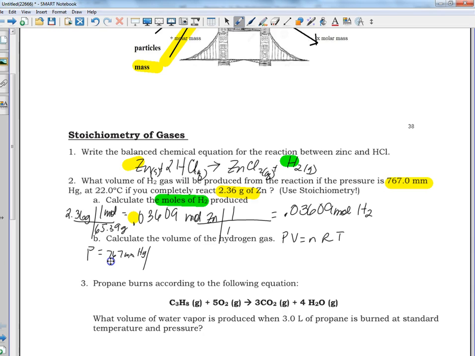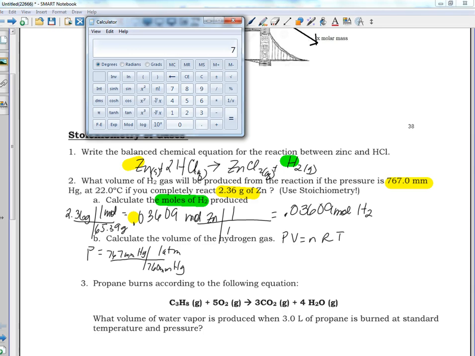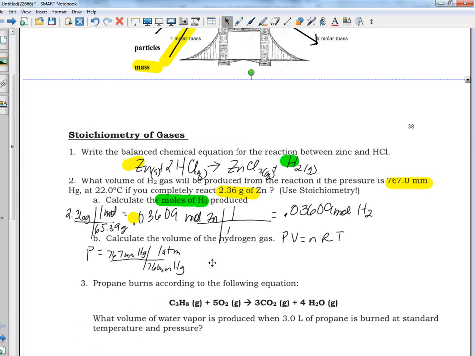I'm going to change that to atmospheres because I just like atmospheres better. That's going to give me 767 divided by 760, 1.009 for my pressure. So pressure is equal to 1.009 atm.